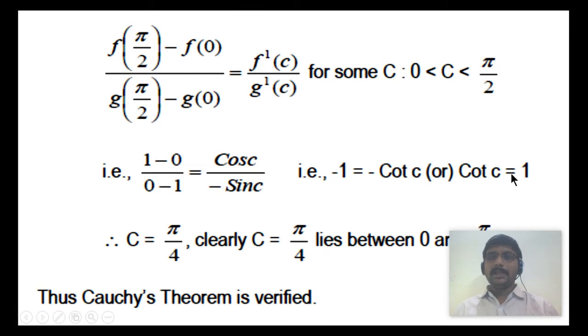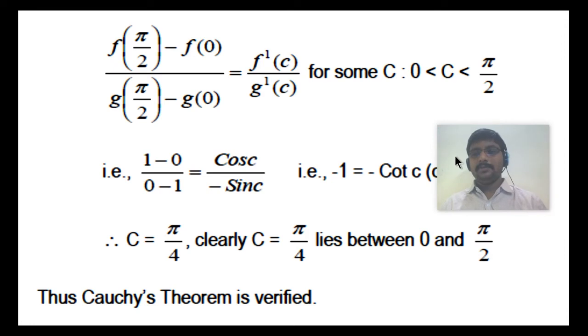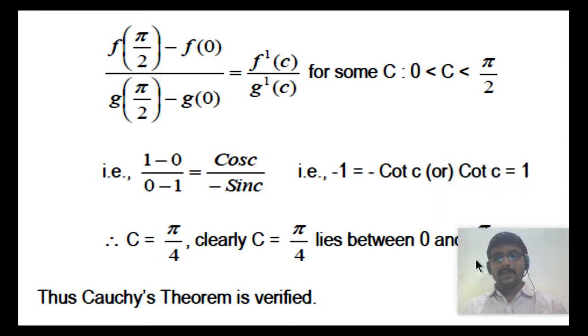Now 1 can be replaced with cot pi by 4 and applying cot inverse on both sides, we will have c is pi by 4. The value c is pi by 4, clearly lies in open interval 0 and pi by 2. So thus the Cauchy's mean value theorem is clearly verified because here c value occurs in between 0 and pi by 2.